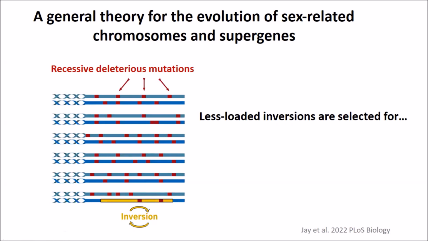It has fewer deleterious mutations, and it cannot recombine with the rest of the population because it cannot incorporate more deleterious mutations. So it has an advantage, and it should be selected for.